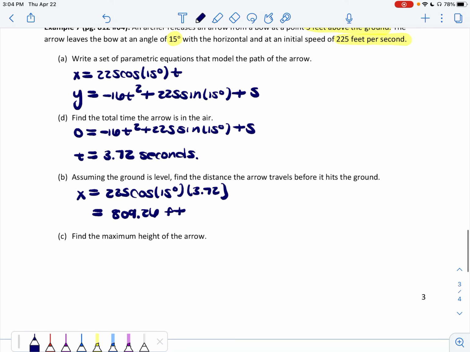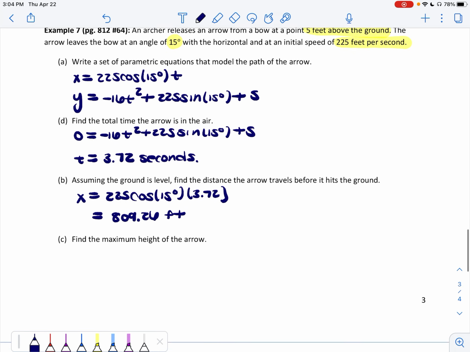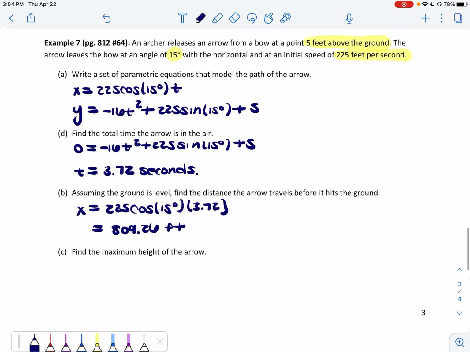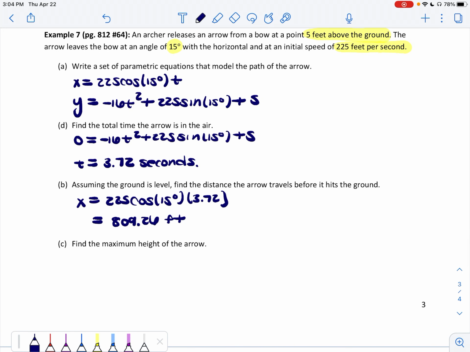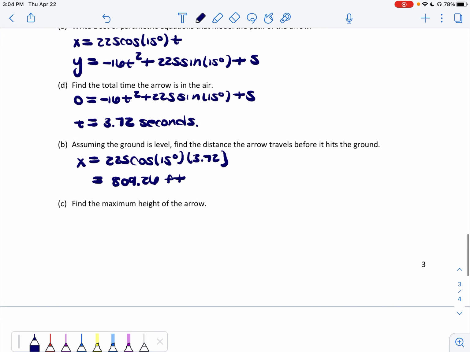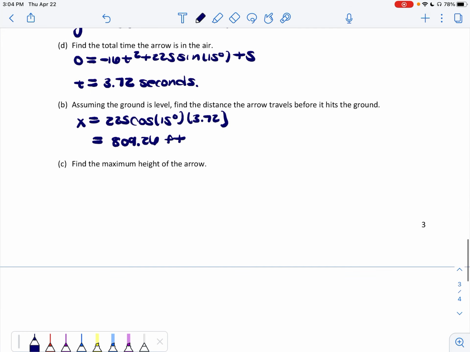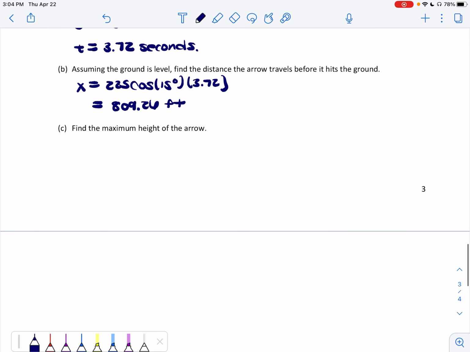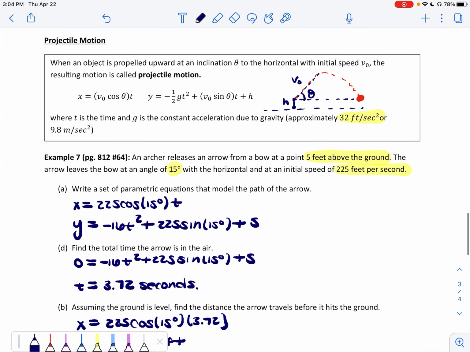All right, and then the last part of this says find the maximum height of the arrow. Okay, so there's a lot of different ways that you can do this. The simplest way is just going to go back to your pre-calc algebra, and remember that when we're looking for a maximum, we are looking for a vertex.